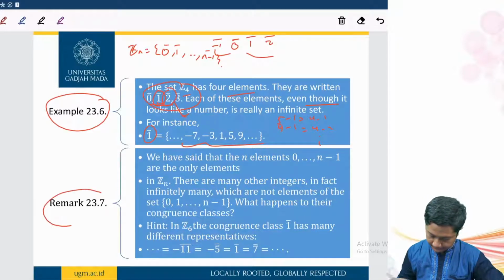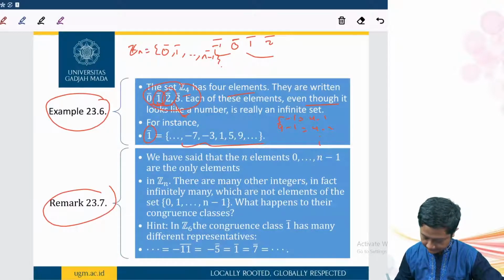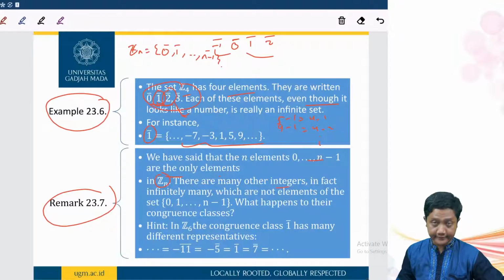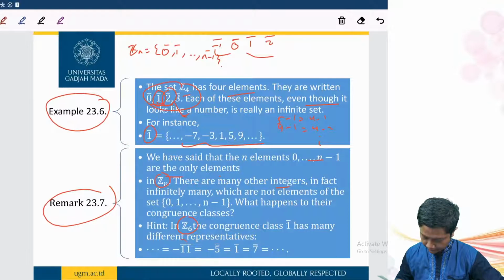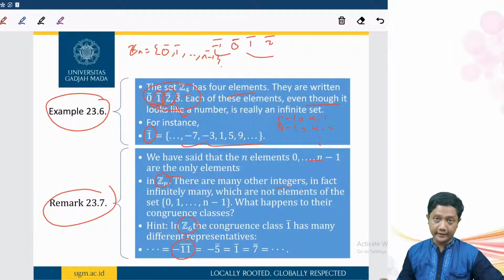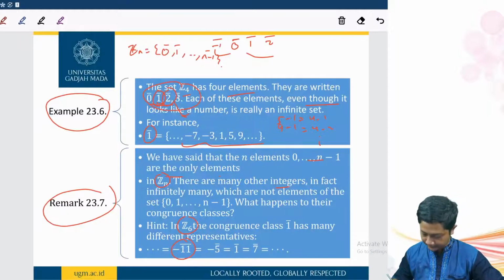Please remember, we have said that the elements are only 0 up to n minus 1 in Zn. But there are many other integers. For example, if we check in Z6, we also have minus 11 bar, but remember again, we can represent it as 1 bar.